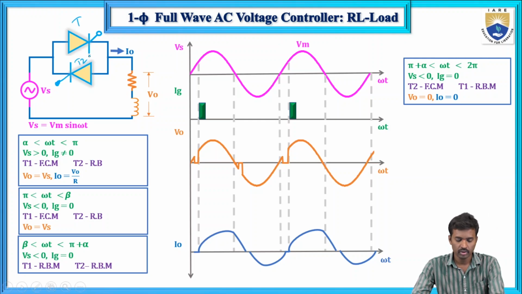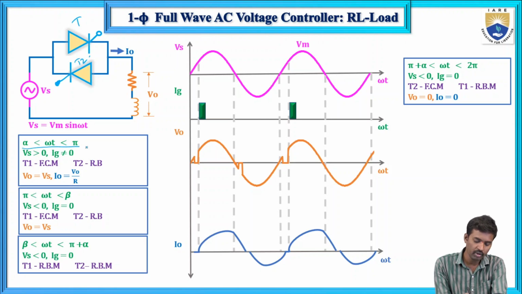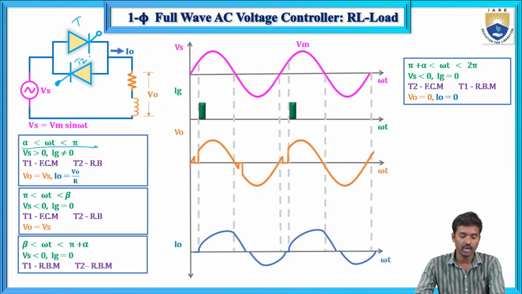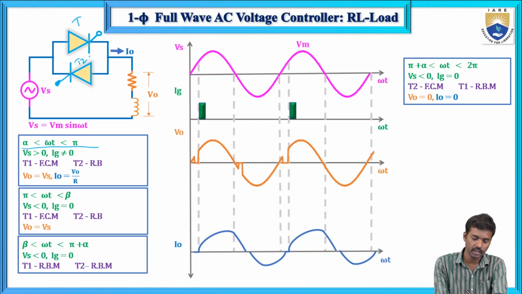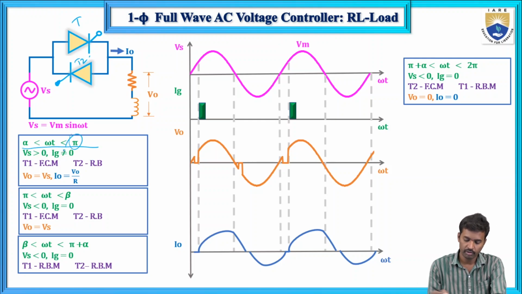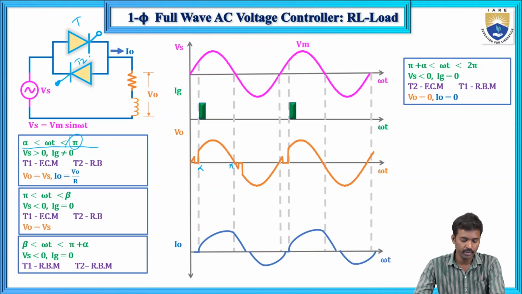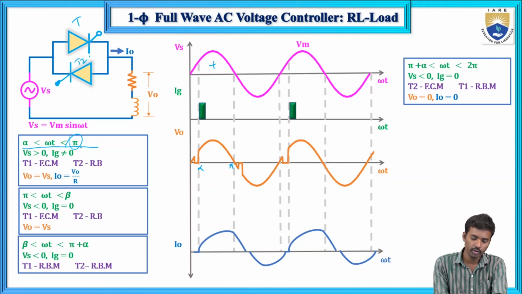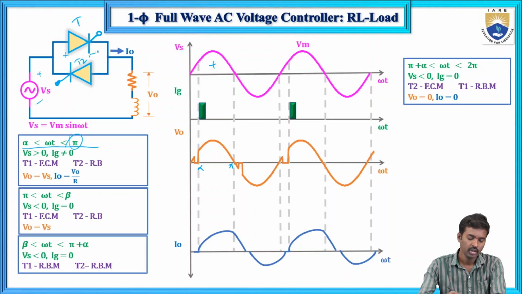From 0 to alpha, I will explain later, from alpha to pi duration, we give the supply voltage positive and the gate pulse Ig. So plus and minus we are applying.